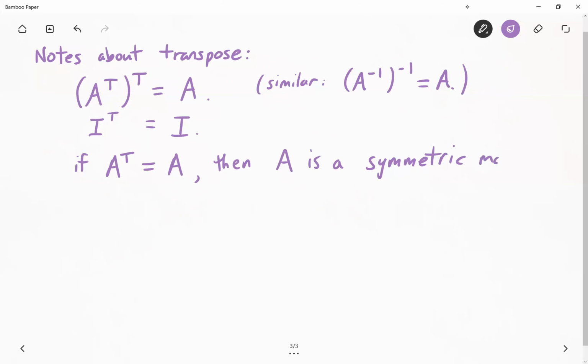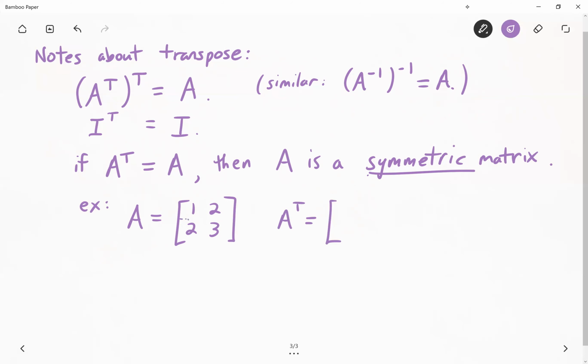So for example, if I have the matrix 1, 2, 2, 3, A transpose, if I turn each row into a column, you get 1, 2, 2, 3. It's almost like it has a nice line of symmetry down the diagonal.